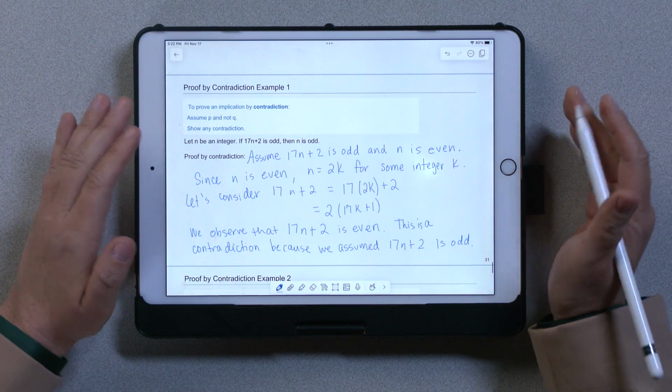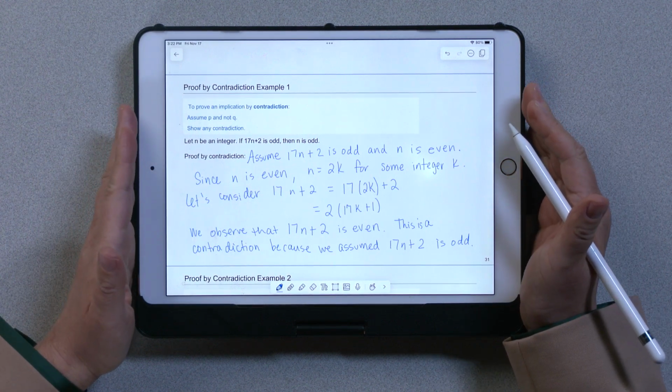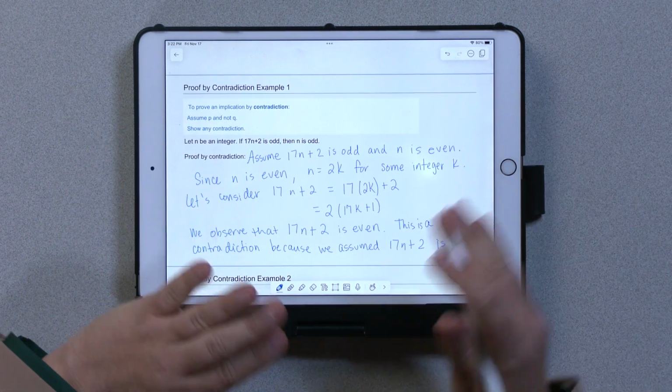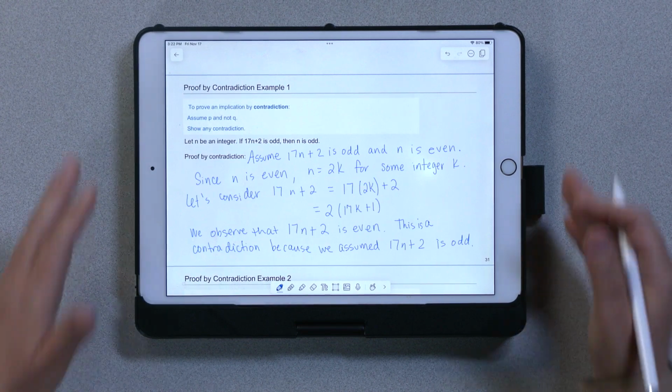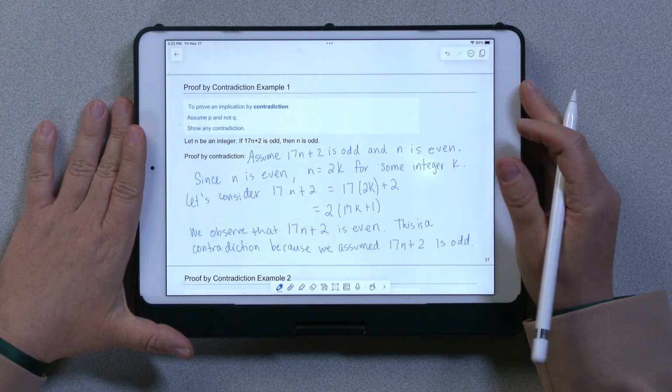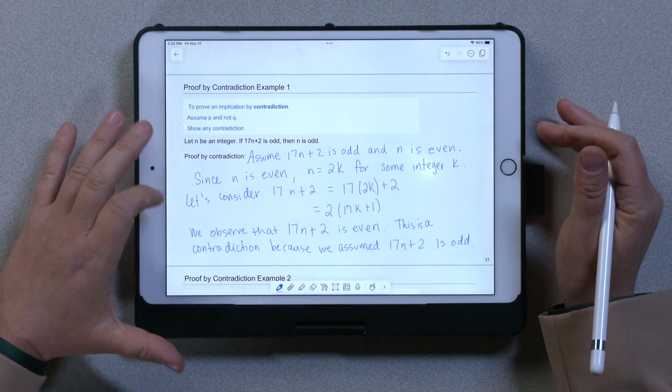Once again, we assumed the negation of the implication, that was, assume 17n plus 2 is odd and n is even, and we showed a contradiction. And the contradiction happened to be that 17n plus 2 is odd. We showed that it was actually even.